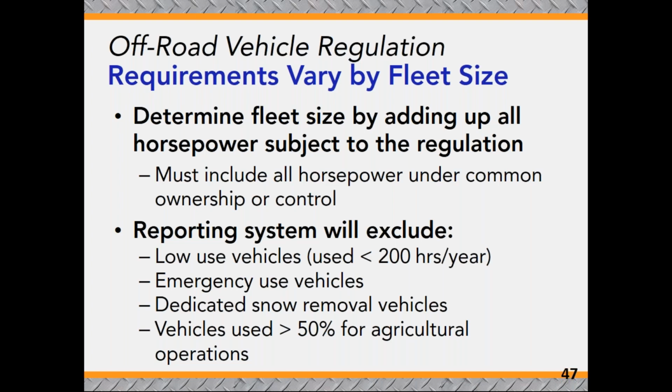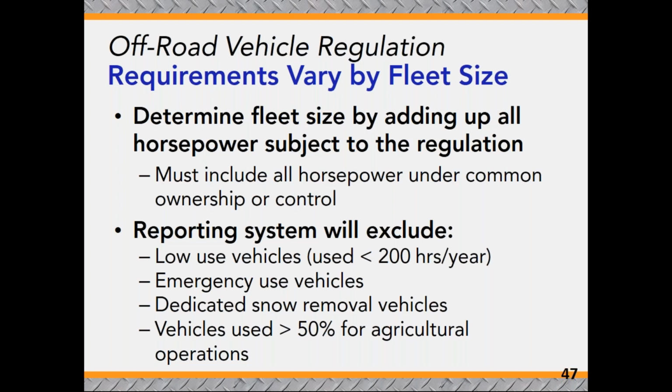We then use a formula to create an emission rate for each piece of equipment in your fleet, which goes toward your fleet average. The emission rate is based on the emission of grams per brake horsepower of NOx that your vehicle emits. The nice thing is that the system you report in does all of this math for you, so you don't really have to worry about that.